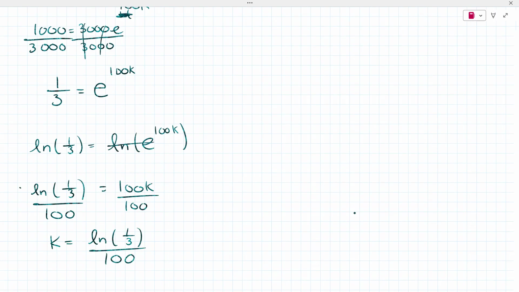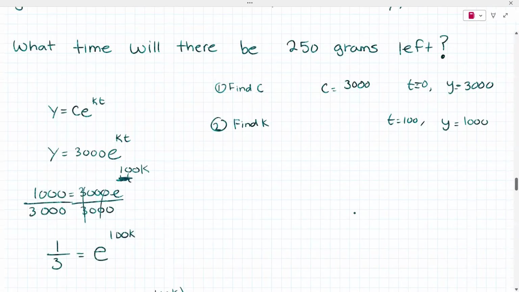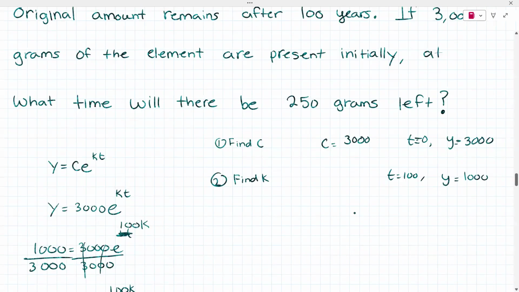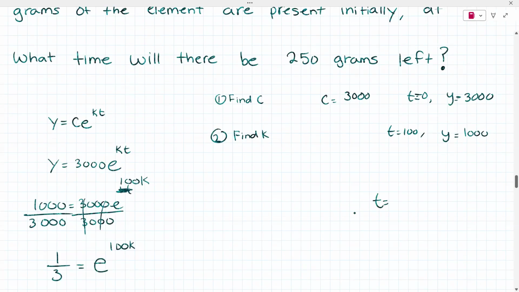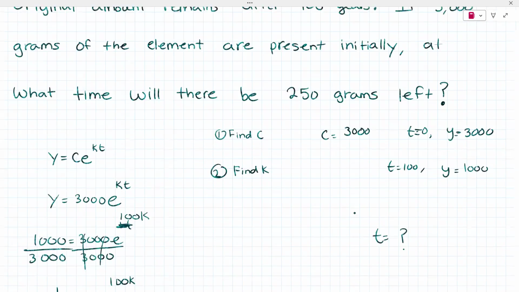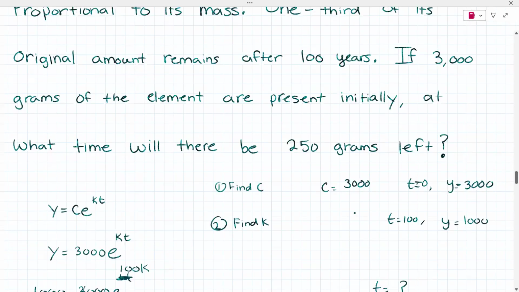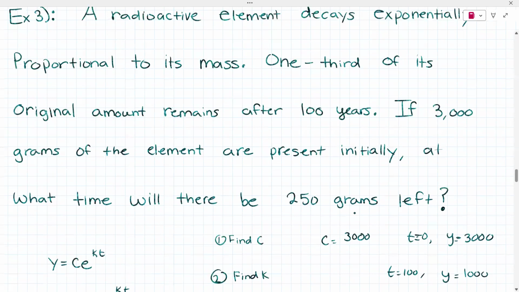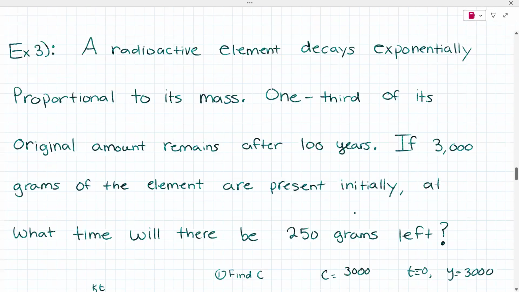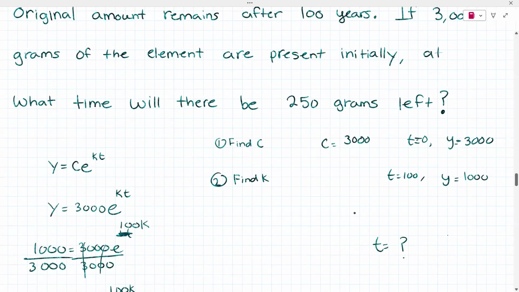Okay, now what are we trying to find? We are trying to find an unknown value. So we're trying to find an x value. We don't know what time, but they give us a value of 250 grams. So at what time will there be 250 grams? So they give you a y value of 250.